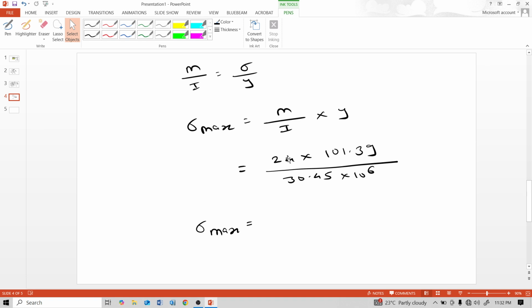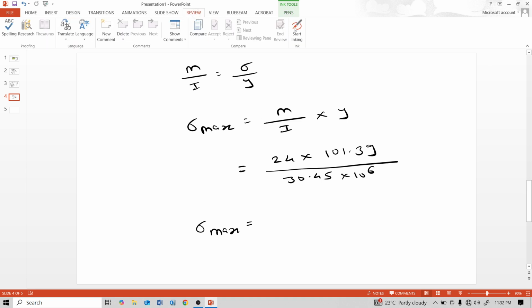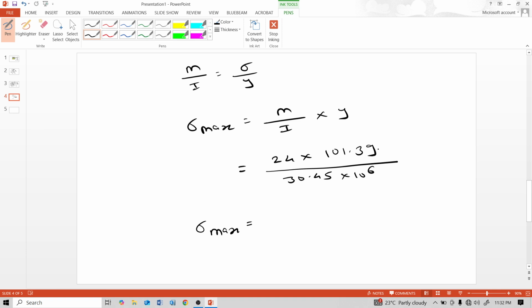Here this 24 is in kilonewton meter, so convert 24 kilonewton meter into Newton mm. That means 24 into 10 raised to 6, and the 10 raised to 6 terms cancel. So the only remaining term is 24 into 101.39 divided by 30.45, that means 79.91.